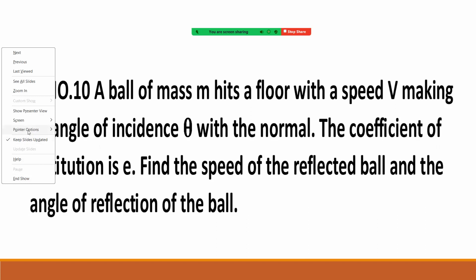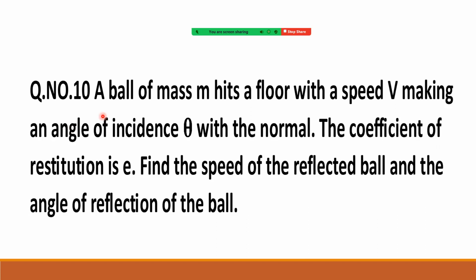See the question given. A ball of mass m hits a floor with a speed v, making an angle of incidence theta with the normal. The coefficient of restitution is e.